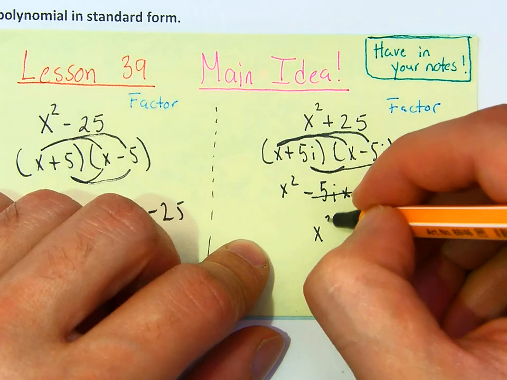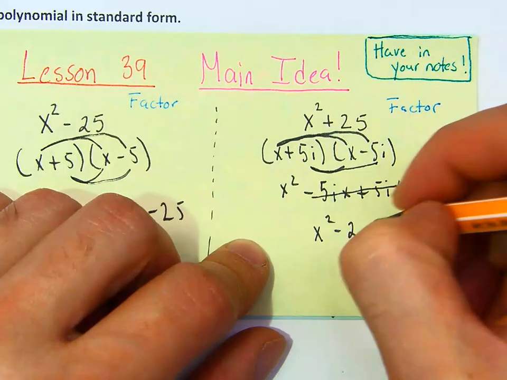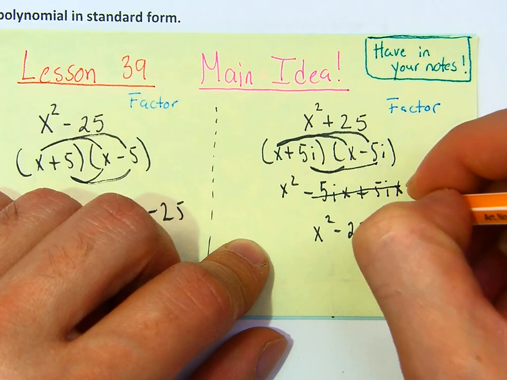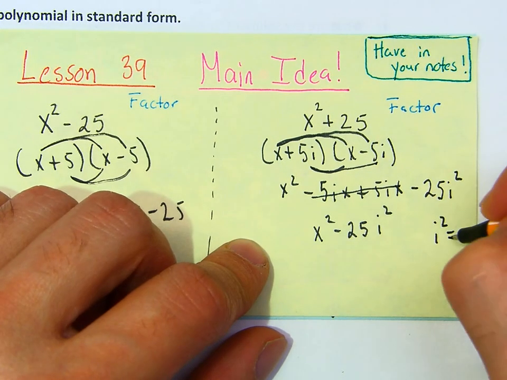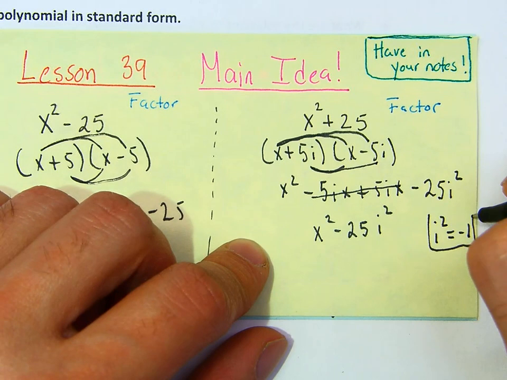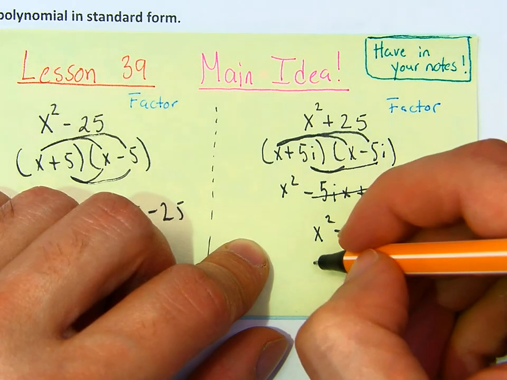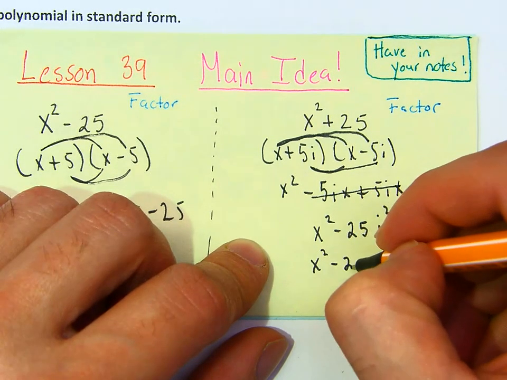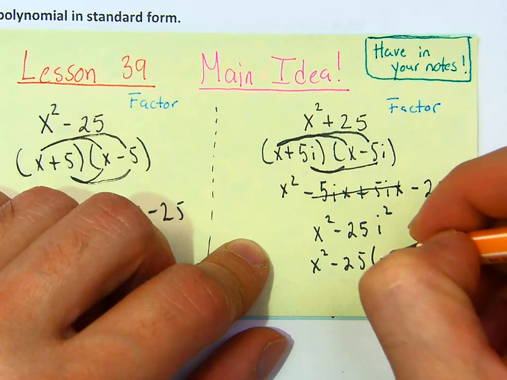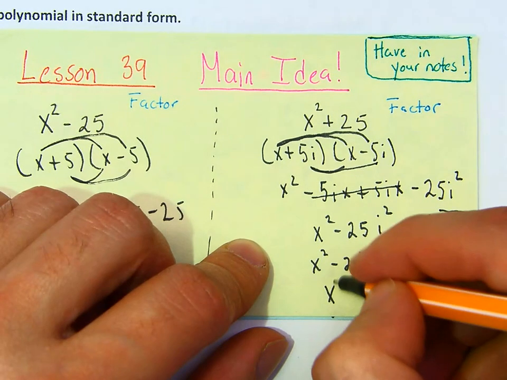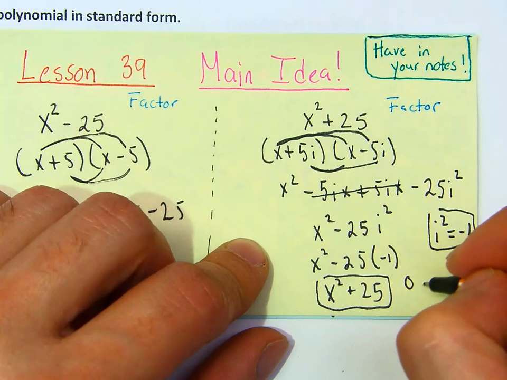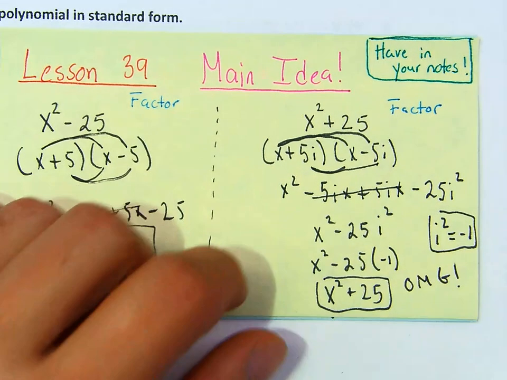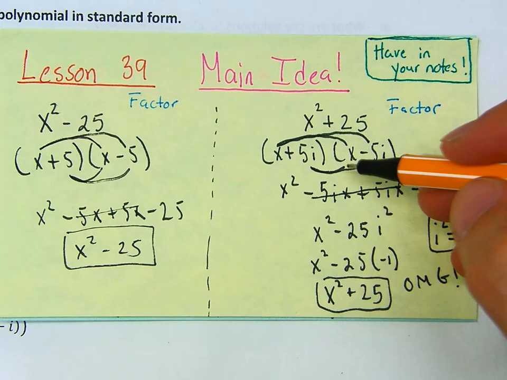So I have x squared minus 25i squared. But remember, what does i squared equal? i squared equals negative 1. So we can substitute this negative 1 in here. Now we have this negative 25 times the negative 1, and it makes it positive 25. OMG, right?